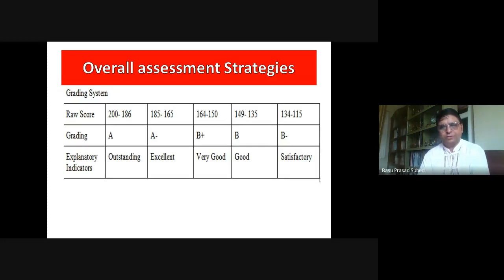Who obtains 150 to 164 gets B plus, that is a very good category. The learner who obtains 135 to 149 gets B, and the category will be good. And the learner who obtains 115 to 134 gets B minus, and that is the satisfactory level. This is our setup strategy.